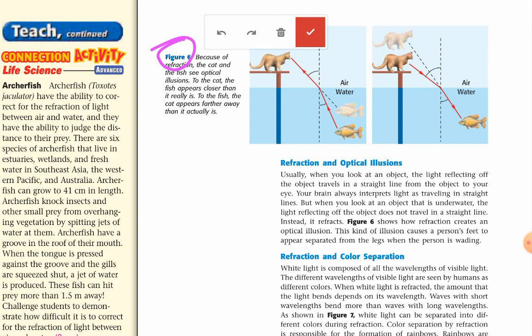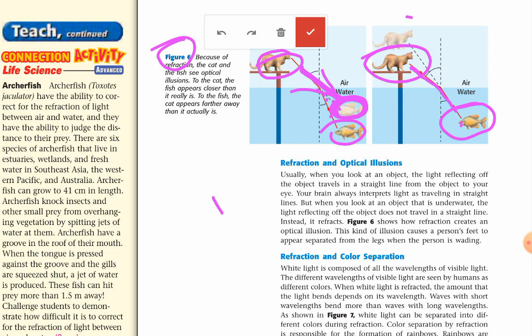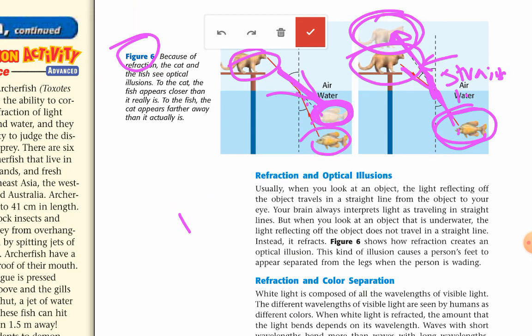Here as you see, for example, the cat and the fish. Imagine the fish position here, not here, because it imagines that the light moves in a straight line. The fish sees the cat in this position, not here, because it seems that the light moves in a straight line.